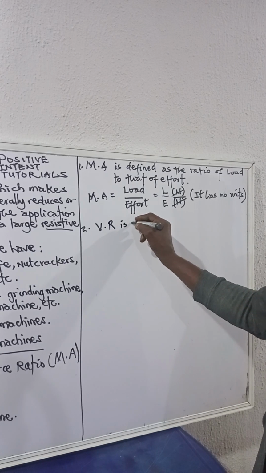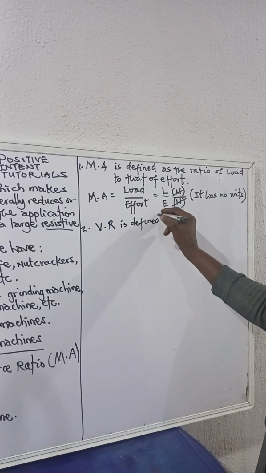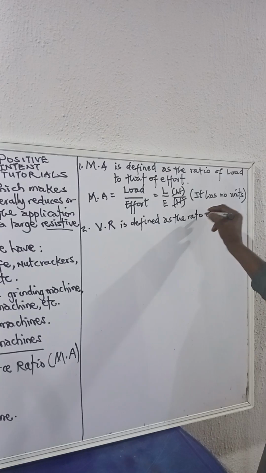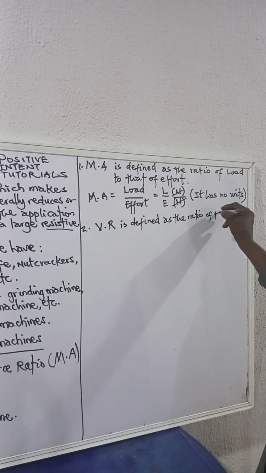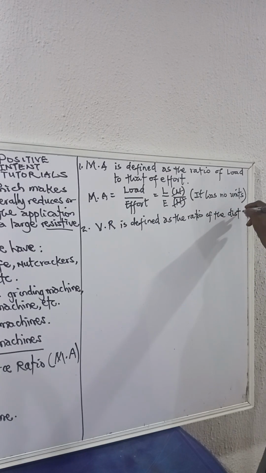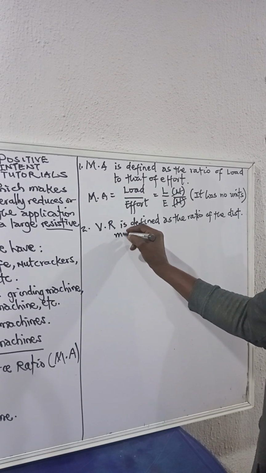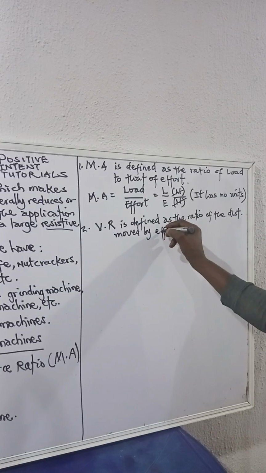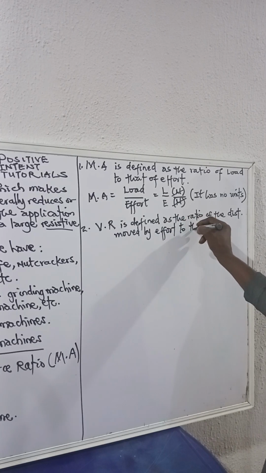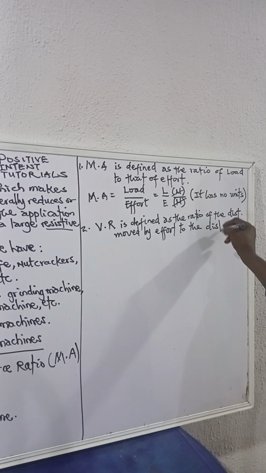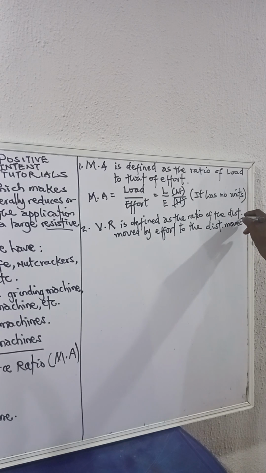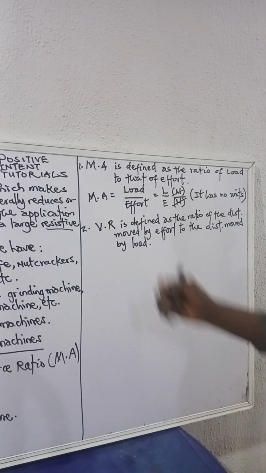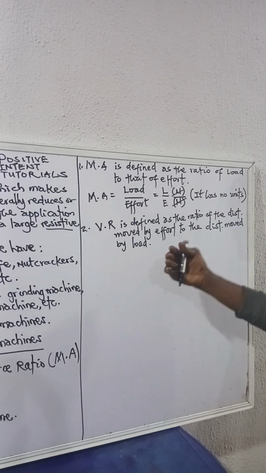Velocity ratio is defined as the ratio of the distance moved by effort to the distance moved by load. So this is known as the velocity ratio of a machine.